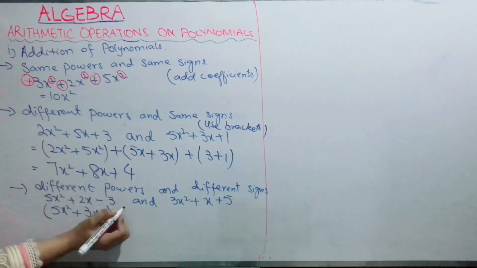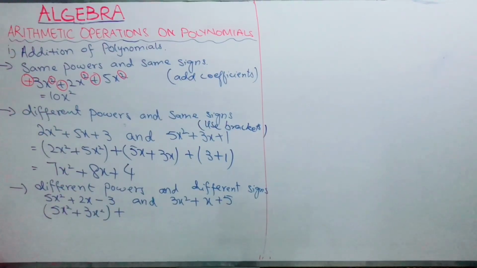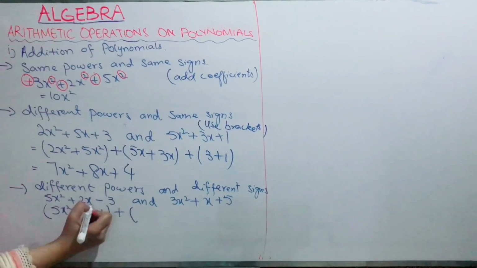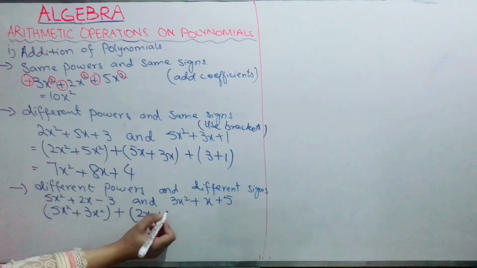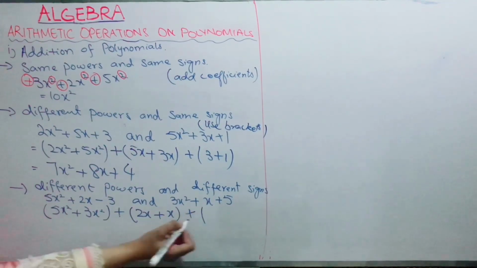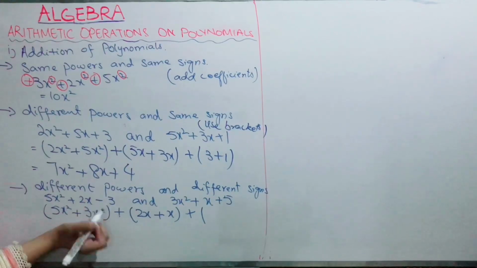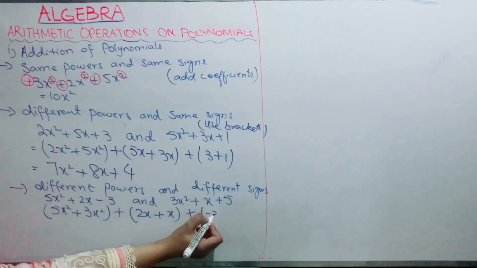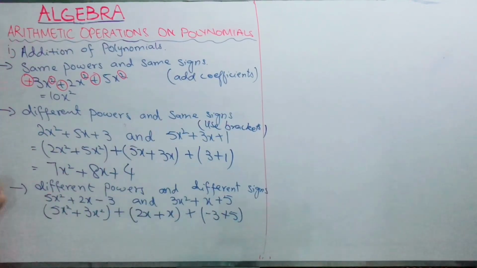Make sure between the bracket you will put plus sign because we were doing addition, right? 2x plus x, right? In the middle you will put plus sign. Next one, use the same sign which is given, that is minus 3 and plus 5, right?